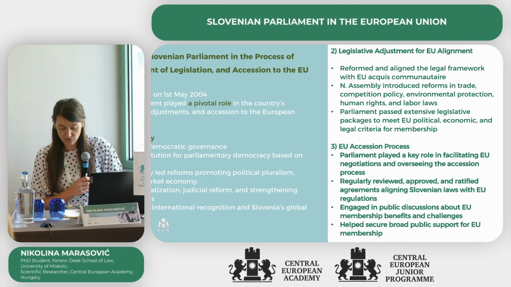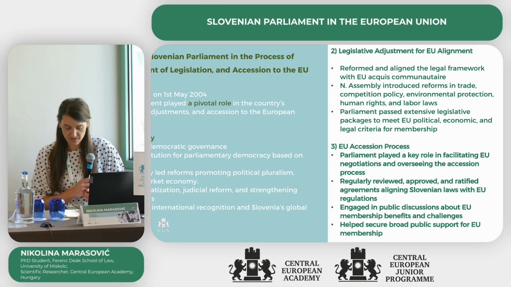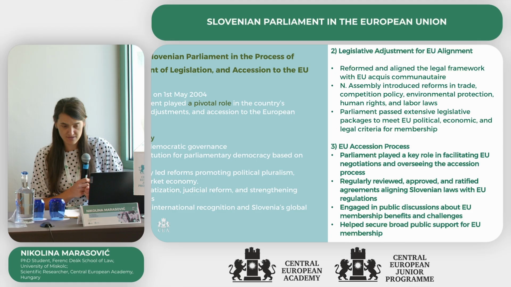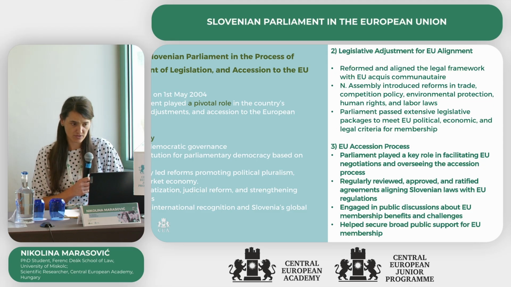So the National Assembly introduced numerous reforms, including in areas such as trade, competition policy, environmental protection, human rights, and labor law. This process required the overhaul of entire sectors, where the Parliament passed extensive legislative packages to ensure that Slovenia met the political, economic, and legal criteria for European membership.